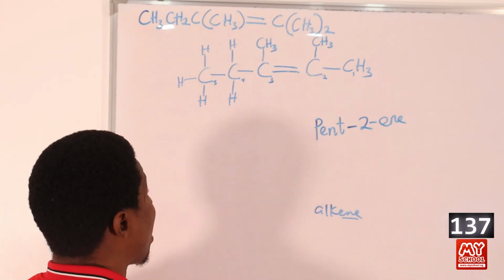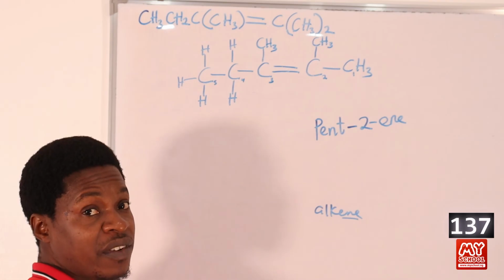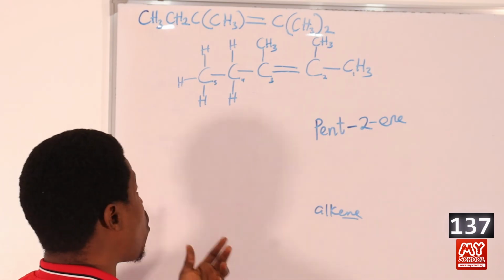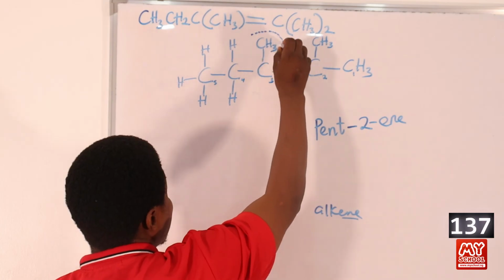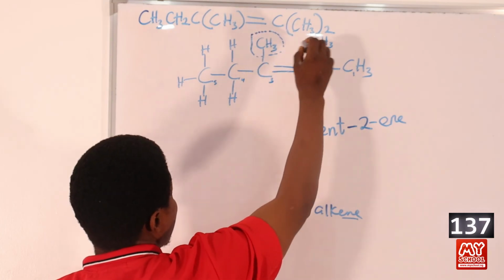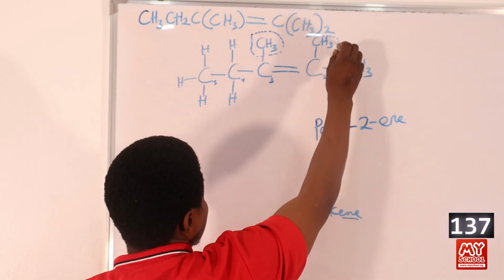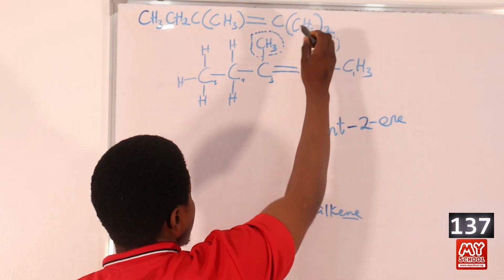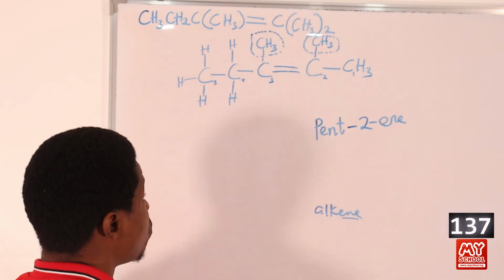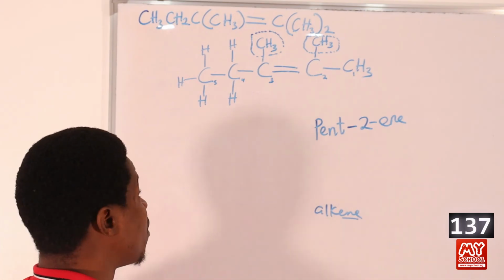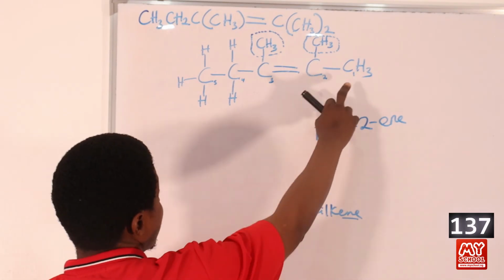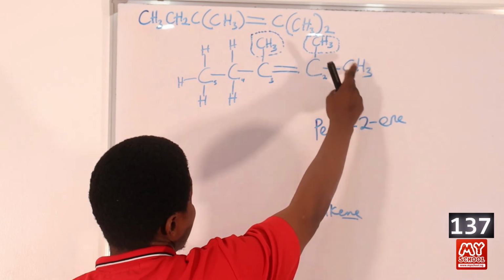So the next thing to do now is to look for the substituents, the other functional groups that we have on this compound. This is one of them, this is CH3 on this point. We have another CH3, which is your methyl group, on another one. I think those are the 2 functional groups we have. So if you count from here, we have carbon 1, carbon 2.